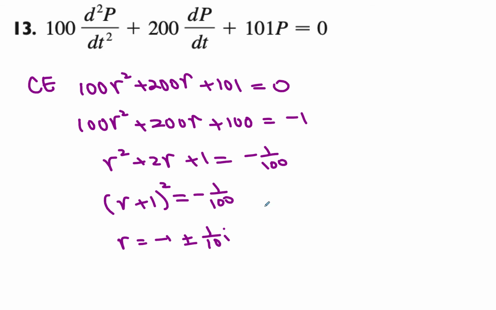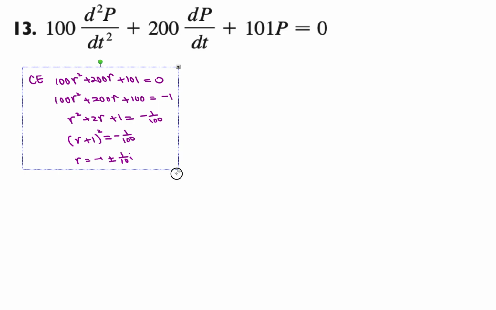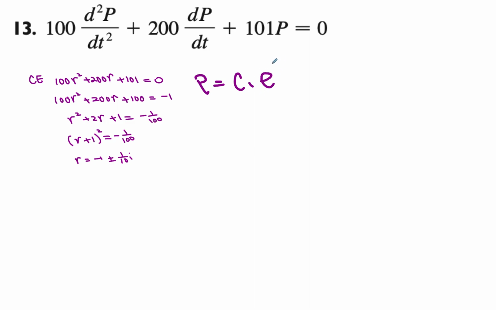That's what I'm getting. So let me minimize this one a little bit. All right, so my equation would now be p equals c sub 1 e to the (negative 1 plus 1 over 10 i) x, and then plus c sub 2 e to the (negative 1 minus 1 over 10 i), actually not x, but t rather in this case, because we have the t on the bottom.